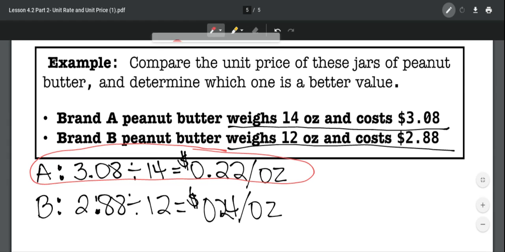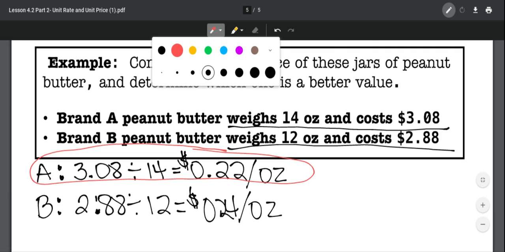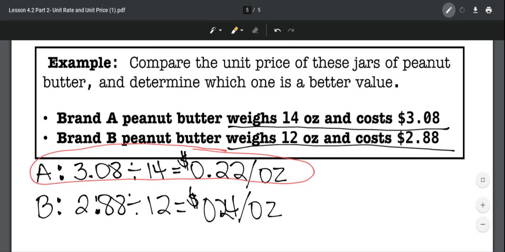Another way that we can compare this is by using proportions and seeing which side gives us a cheaper rate.